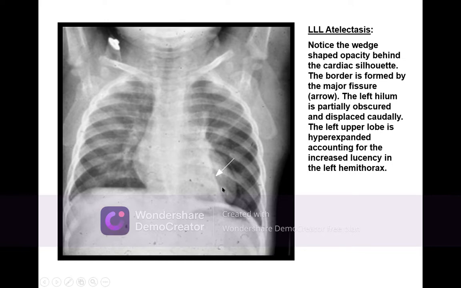There is a triangular, wedge-shaped opacity here. The border is formed by the major fissure. Although it is difficult to detect the major fissure here, it should be here. And the upper lobe is hyperexpanded. It is an indirect sign. Hyperlucency is there because of the collapse of the left lower lobe.